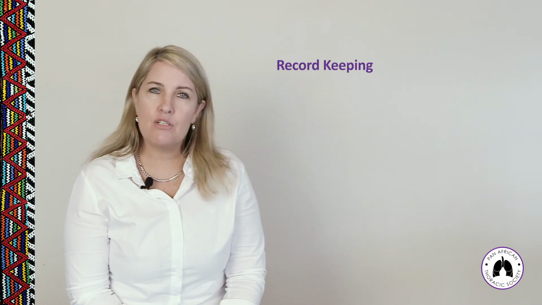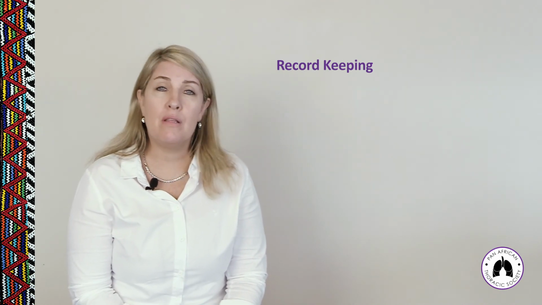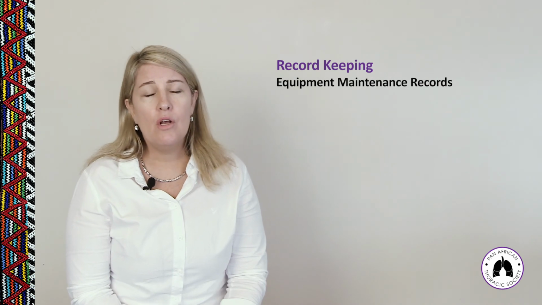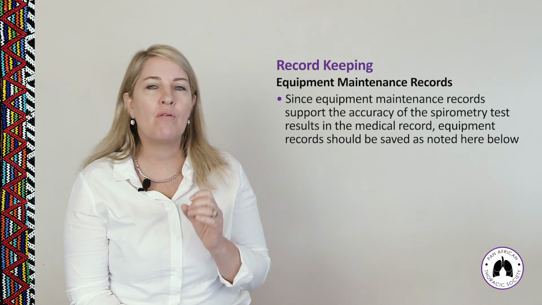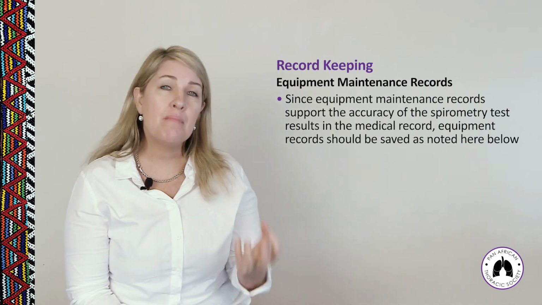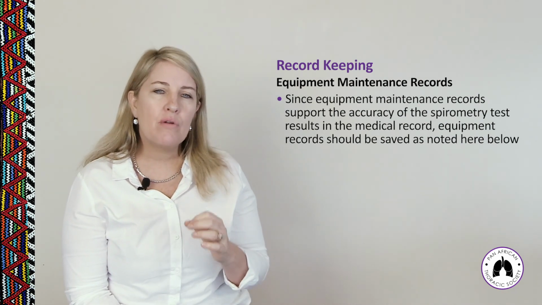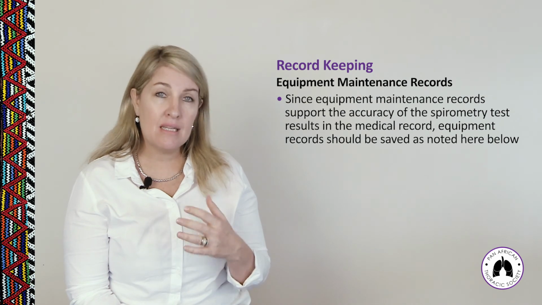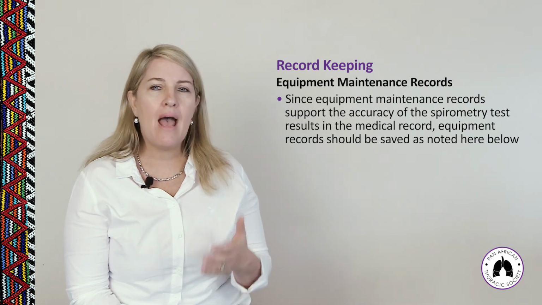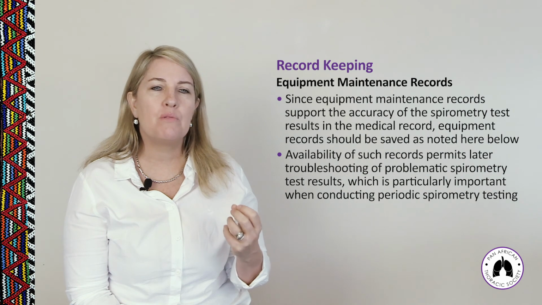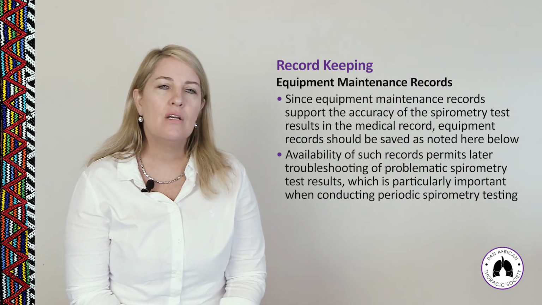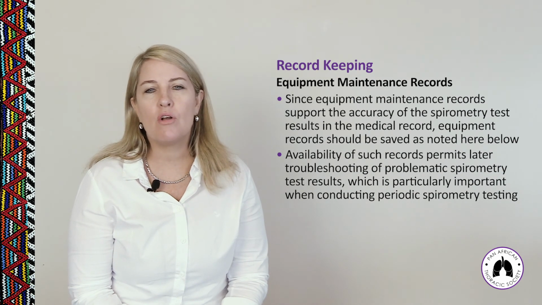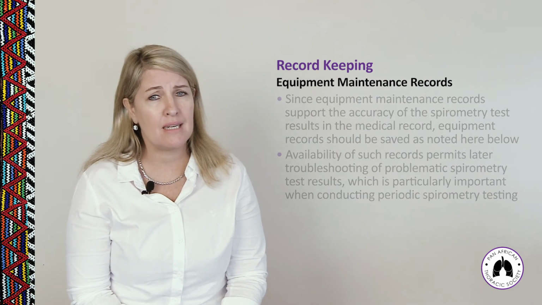The second aspect of record keeping would be to do with equipment maintenance records. Since equipment maintenance records support the accuracy of the spirometry test result in the medical record, the equipment record should be saved, as I'm going to tell you shortly, and the availability of such records permits later troubleshooting of problematic spirometry test results, which is particularly important when conducting periodic spirometry testing.